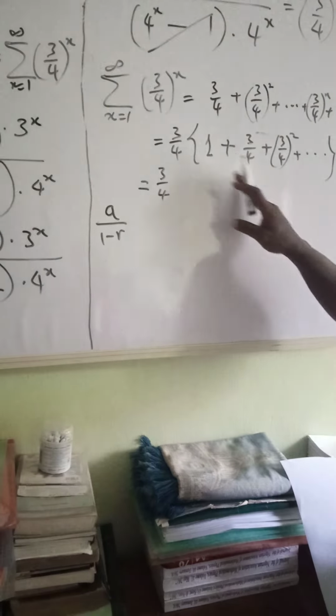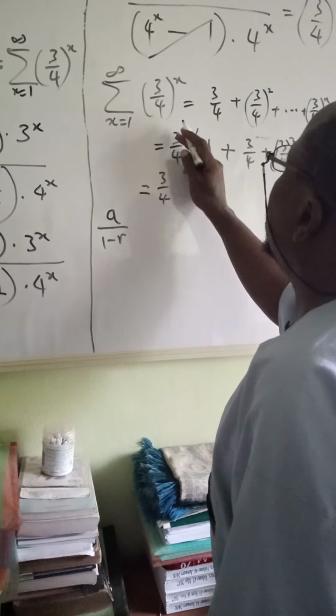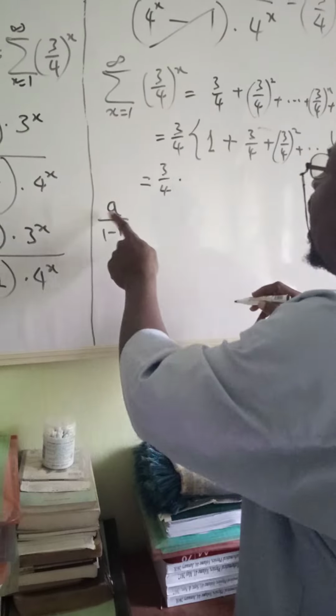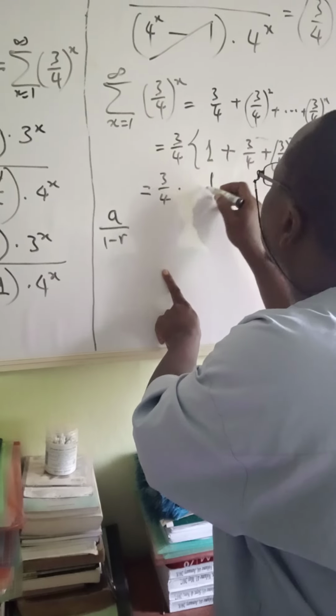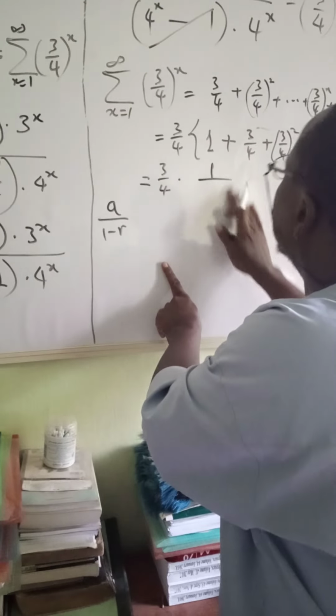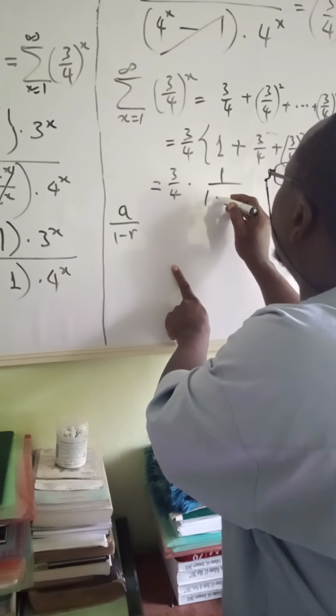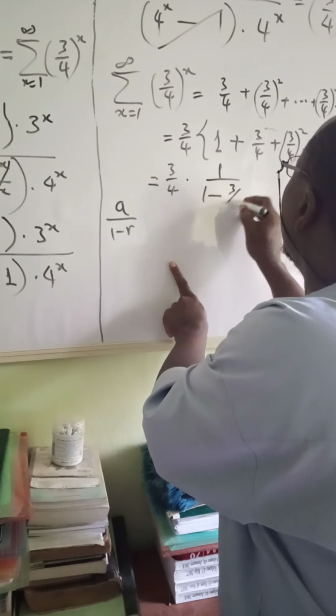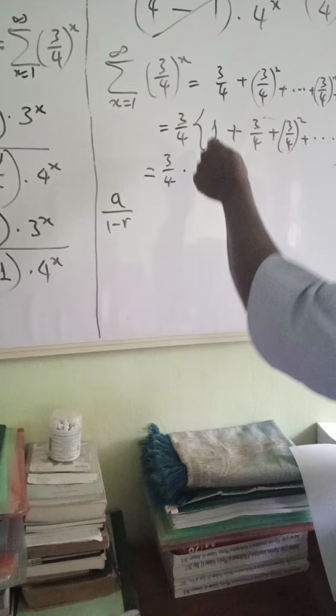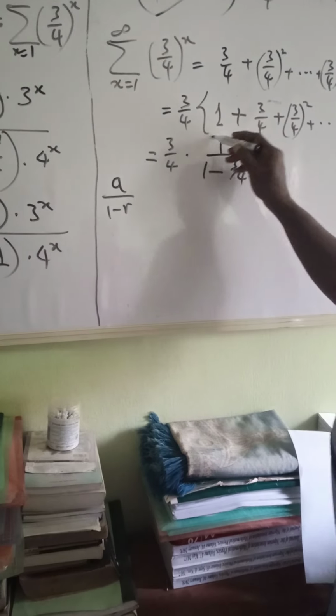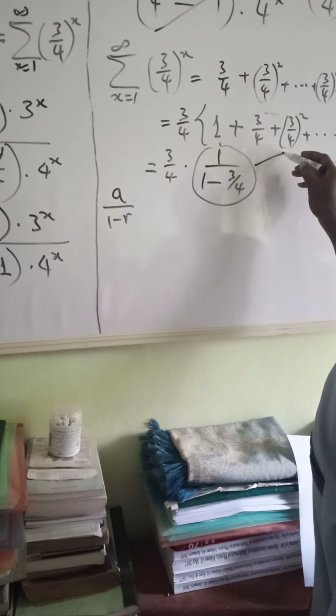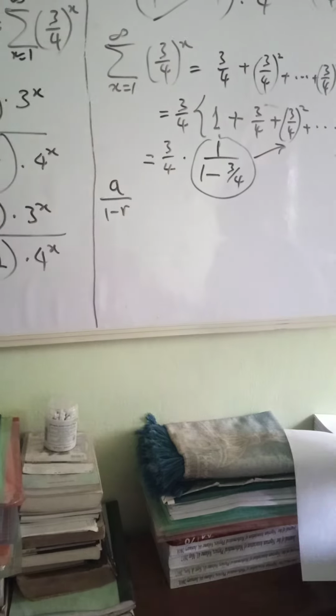Meaning that this will now become this 3 over 4 times A, which happens to be 1, and the denominator will be 1 minus 3 over 4. This is the sum to infinity of this series. If I sum it to infinity, this is what I should get.